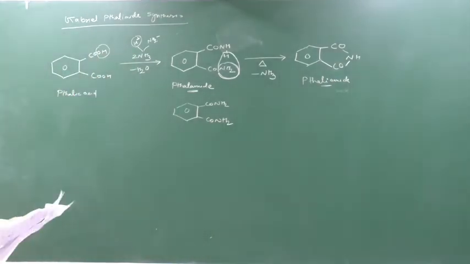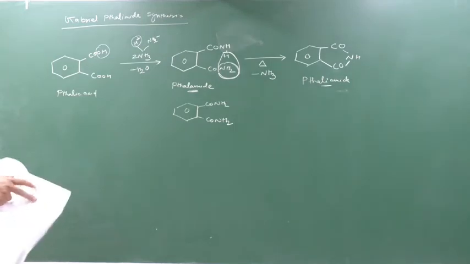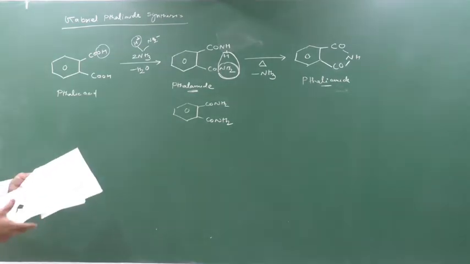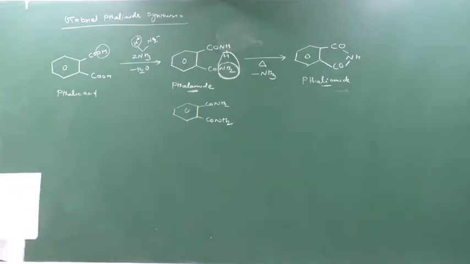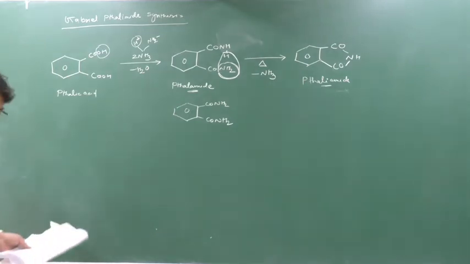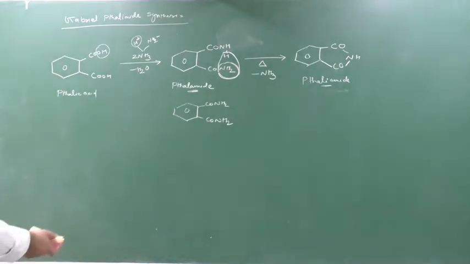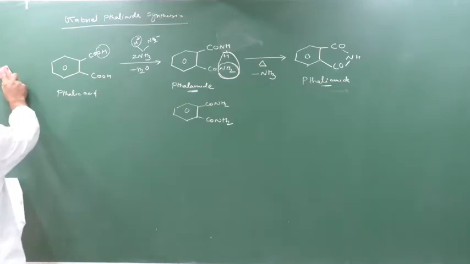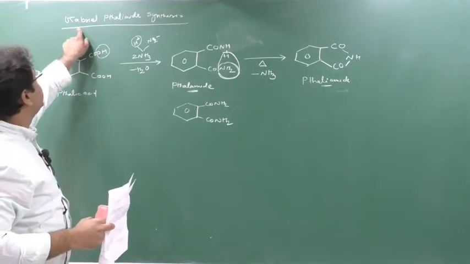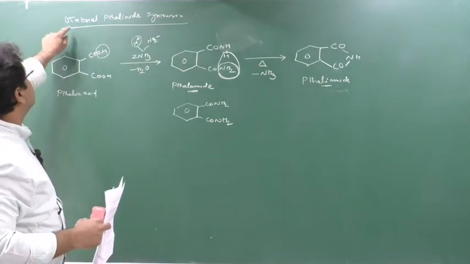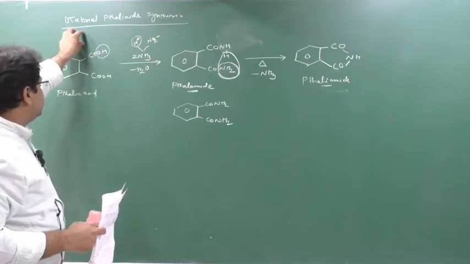Clear this part? First write down the phthalimide preparation. Then from this we will see how to prepare the amine. Done? So we got phthalimide. Gabriel phthalimide synthesis: Gabriel is the name of the scientist.